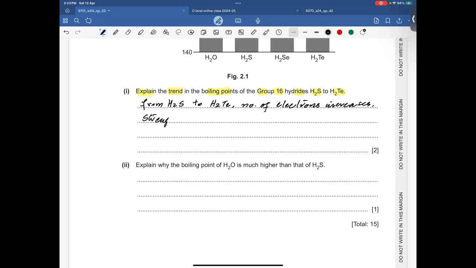The strength of van der Waals forces increases. Van der Waals forces are also called London forces, dispersion forces, instantaneous dipole induced dipole forces.